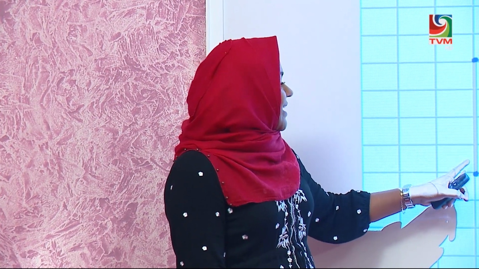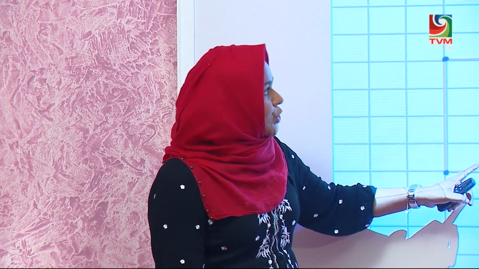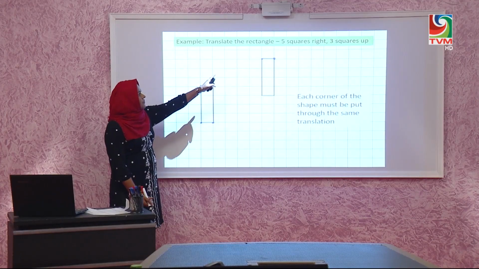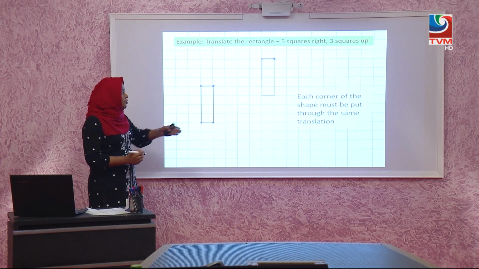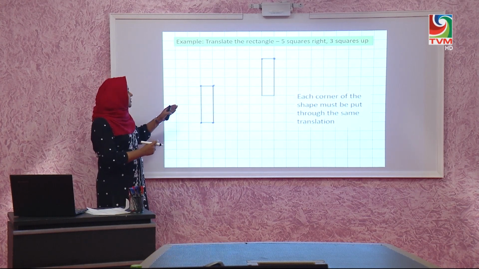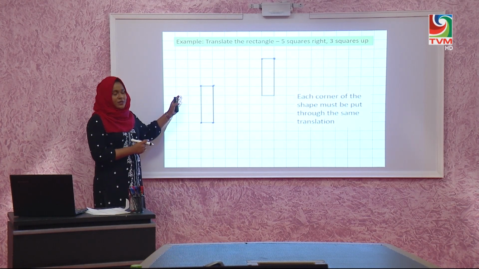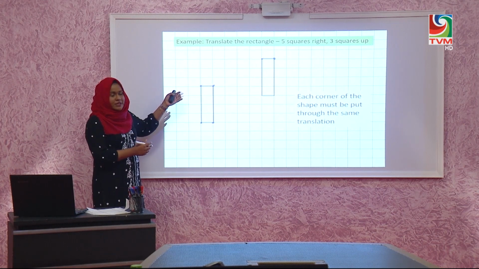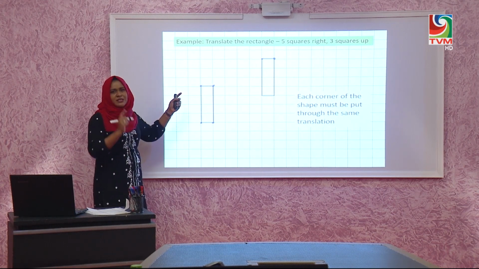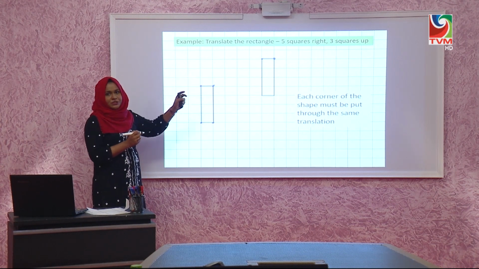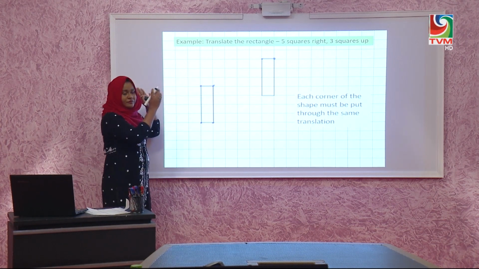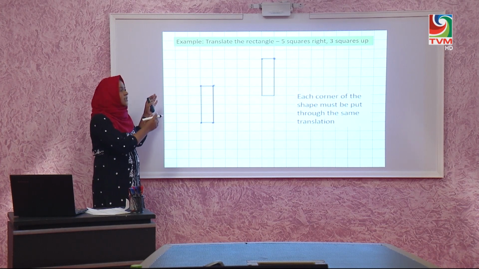Without moving each and every point through the same translation, we know how to draw those points, because in translation the size of the object doesn't change, even the orientation stays the same. So after moving even one single point, we know how to fill in the remaining sides of the shape. The shape will stay in the same size and same orientation.